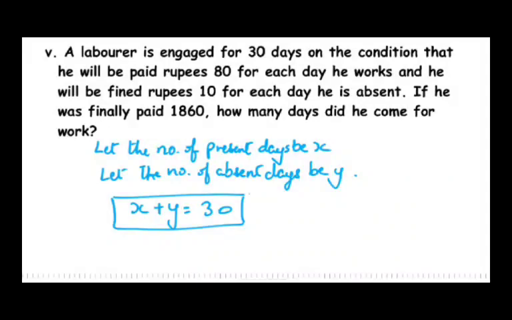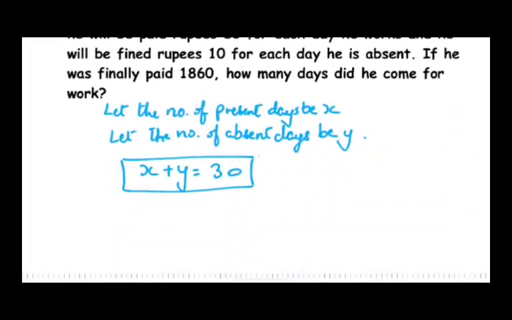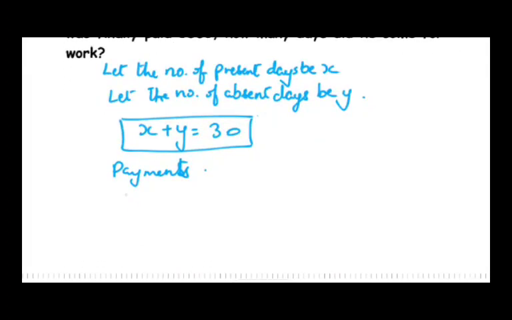Okay, now a laborer is engaged for 30 days on the condition that he will be paid rupees 80 for each day he works. So as per the payments, how do I form my equation? Amount for number of days worked is equal to 80x.